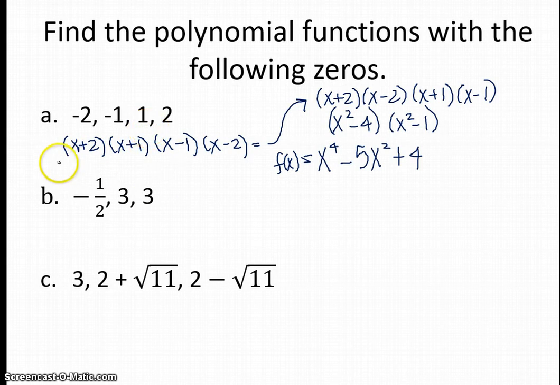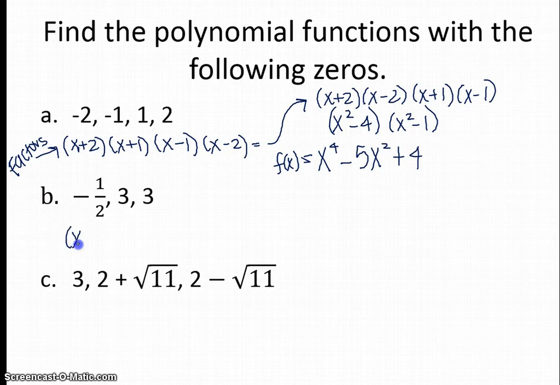Take a minute, write your factors out first, and that's what these are called, factors. Sorry for this awful handwriting. Get your factors out and then actually multiply your factors to get your equation.